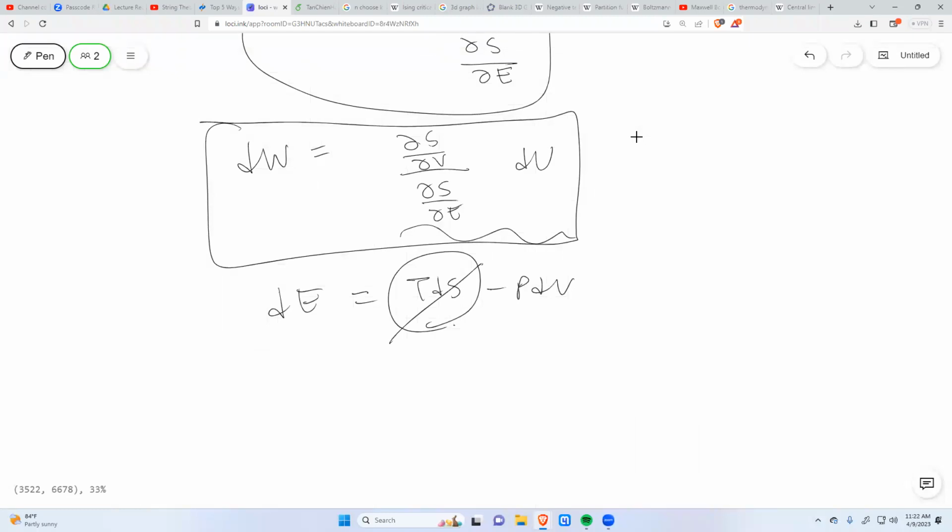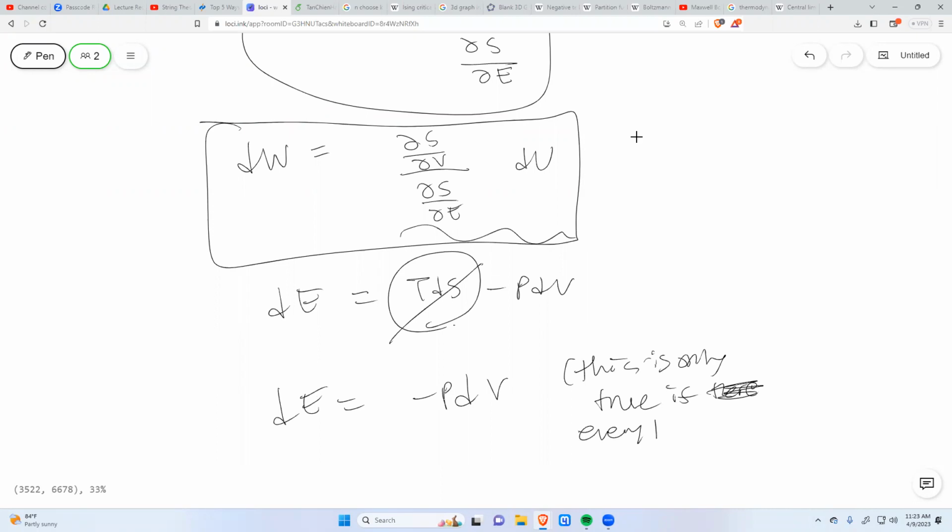So we have to assume that there isn't any energy to get the above formula for the work. Well, okay. So for dE to be minus PdV, this is only true if there is no... Well, I'll say it in a different way. This is only true if everything, by everything I mean energy transfer between the two systems, happens very slowly and steadily.